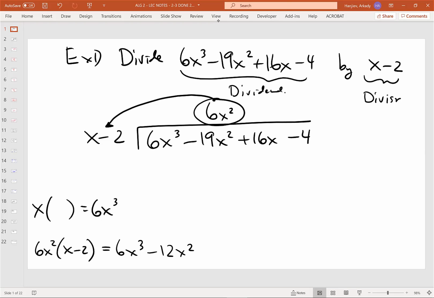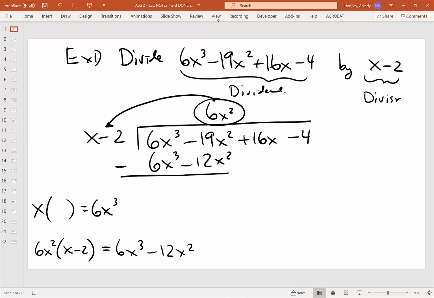Okay, so what we're going to do is we're going to write that underneath. And the question is, what did you guys do in 4th grade when you got to this step? You subtracted, absolutely. What we did is we subtracted from that step. Okay, and here, because we have two terms, we're not just subtracting the 6x cubed, we're also subtracting the negative 12x squared.